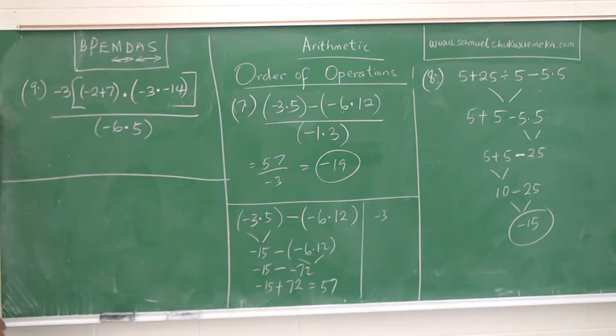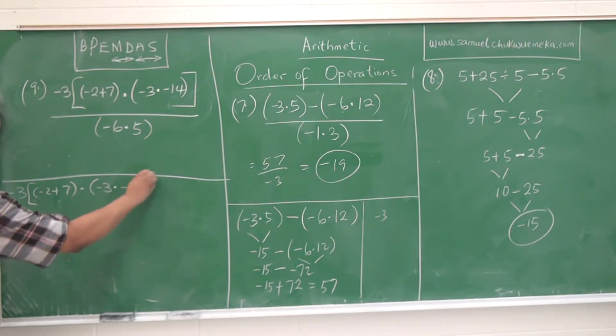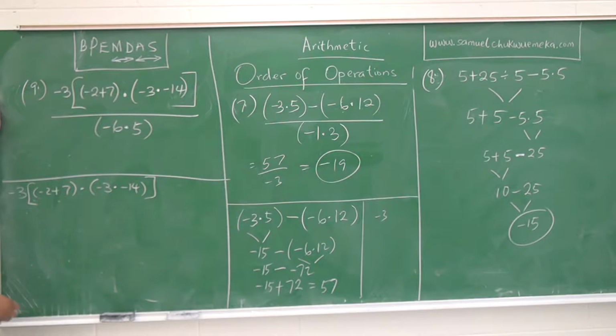Okay. This is what now? Negative 3 parentheses, negative 2 plus 7 times negative 3 times negative 14. So I do this first. This is 5 times negative 3 times negative 14.